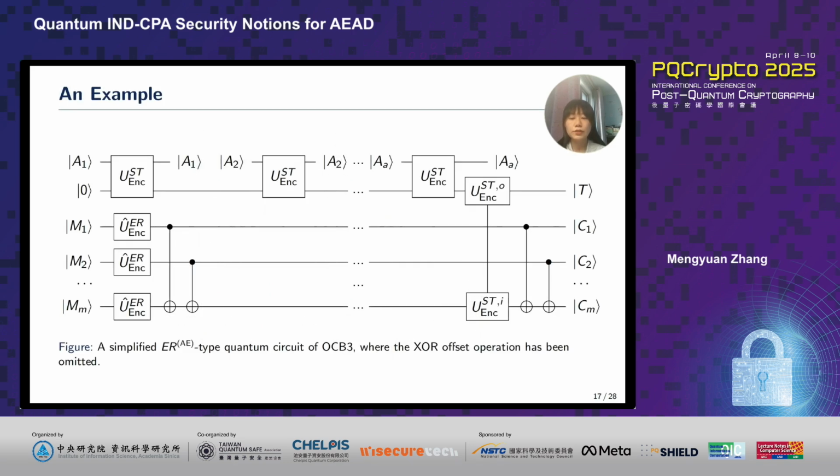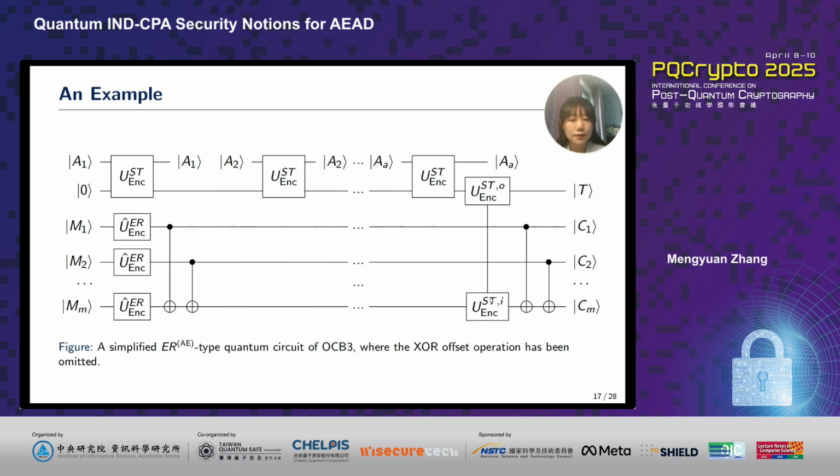To implement OCB3 as an ERA type circuit, we need to implement all block ciphers used for associated data processing as standard oracles, all block ciphers used for message blocks processing as erasing oracles, and the block cipher used for the XOR sum of the ciphertext blocks should also be implemented as a standard oracle.